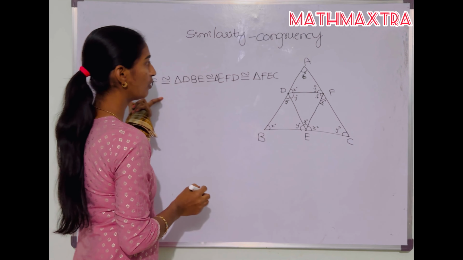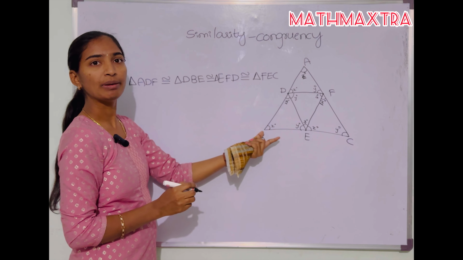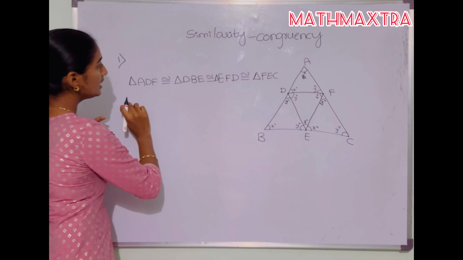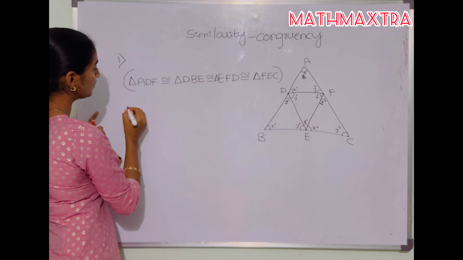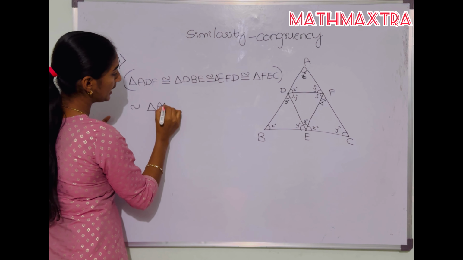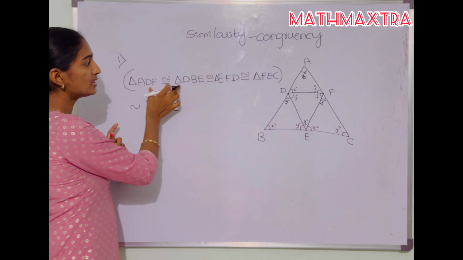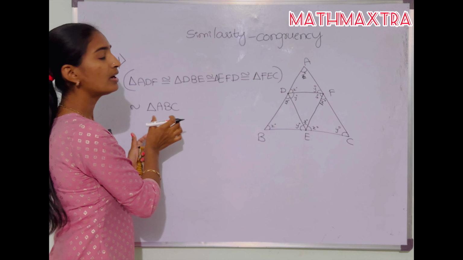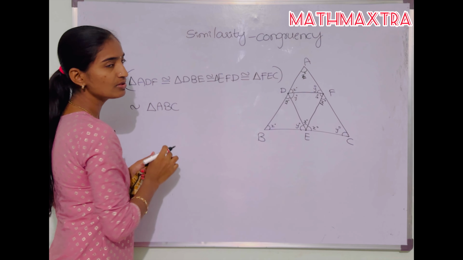These are all congruent to each other. These are the four triangles formed by joining the midpoints of the sides, and all of them are similar to triangle ABC, which is our given triangle. Each triangle is similar to this given triangle. So this is one point.